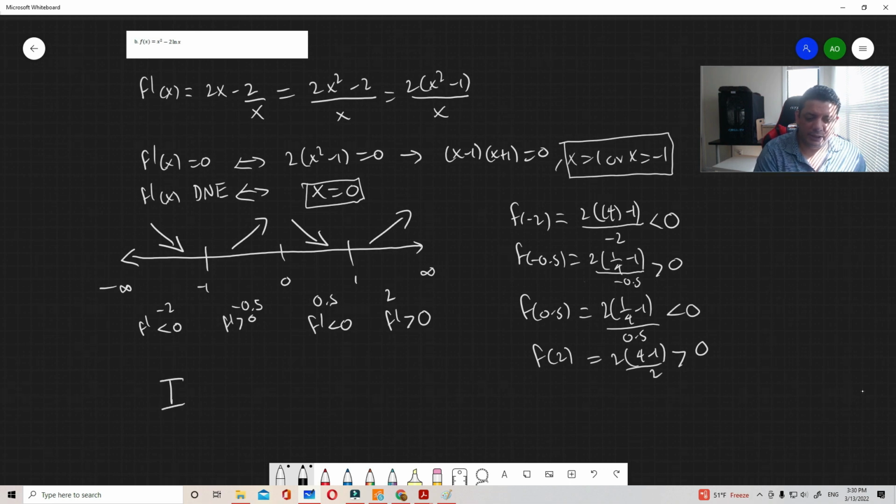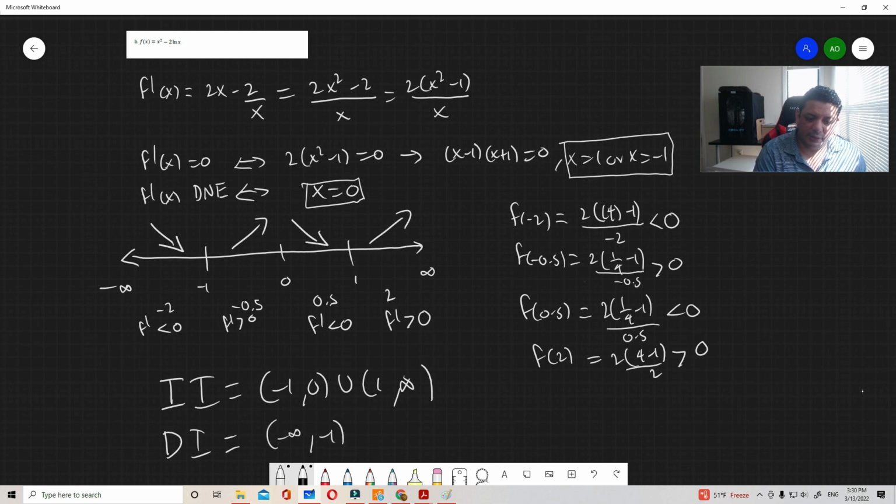The increasing intervals are minus 1 to 0 union 1 to infinity, and the decreasing intervals are going to be minus infinity to minus 1 union 0 to 1.